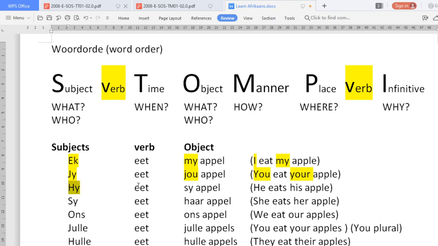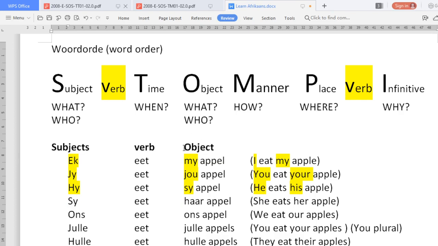Hy eet sy appel. He eats his apple. Now the confusing part here is, here we've got another sy, which means she. So it is a confusing one, but you also pick it up the more you speak and hear Afrikaans.